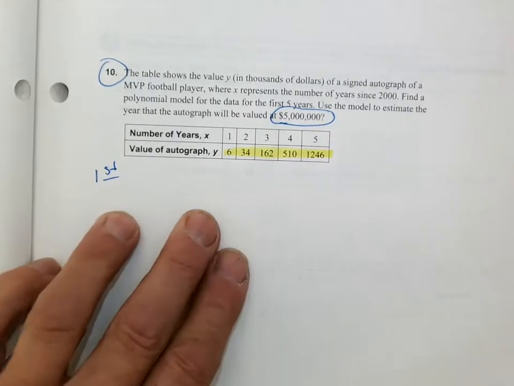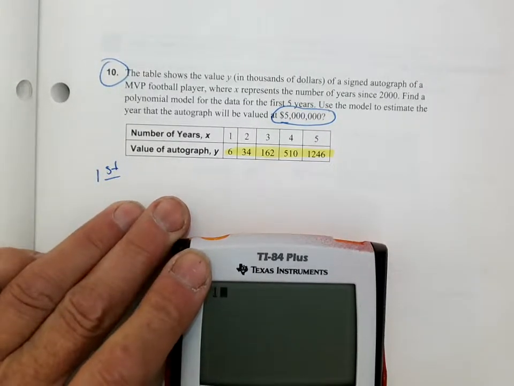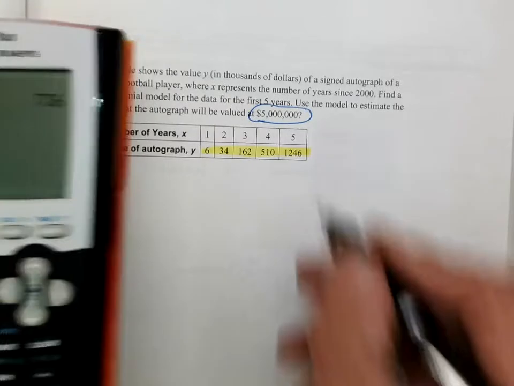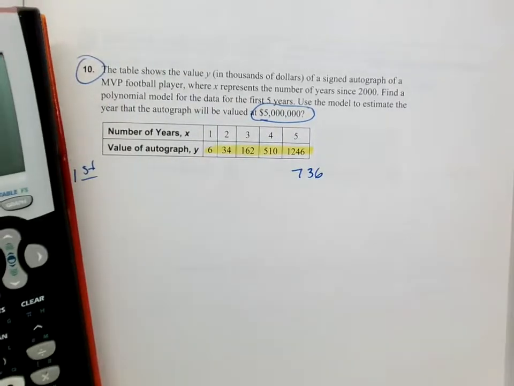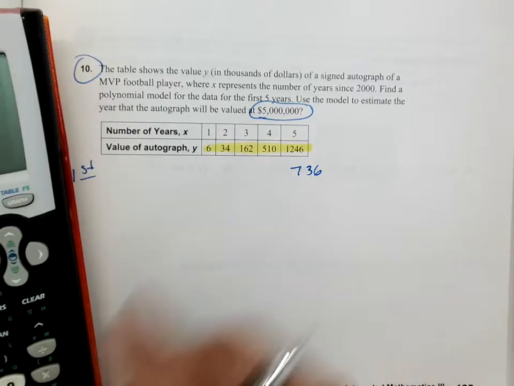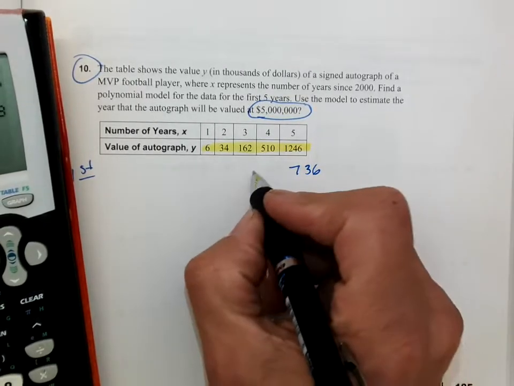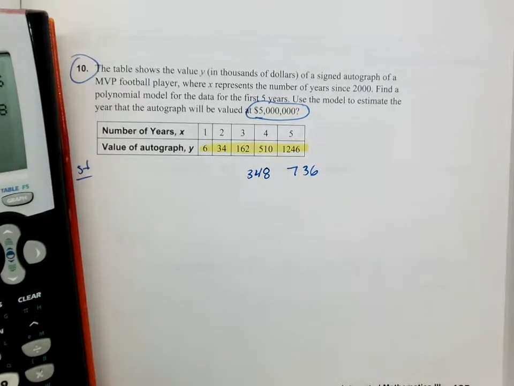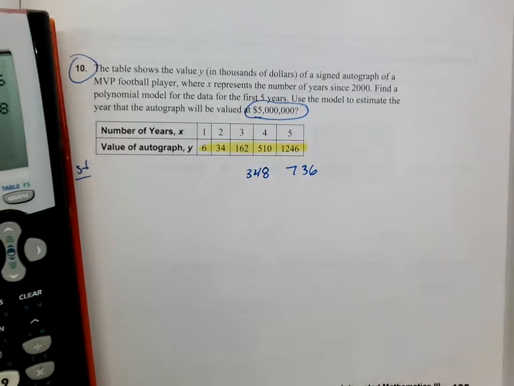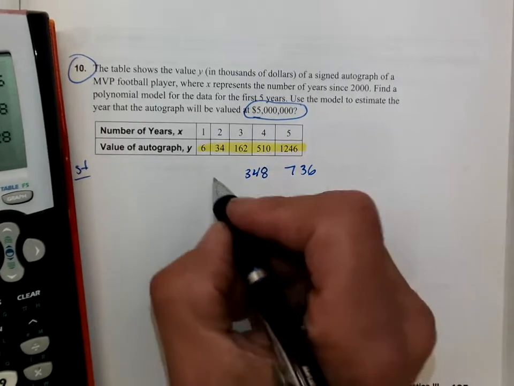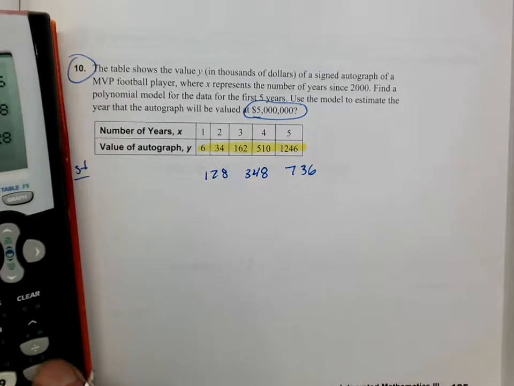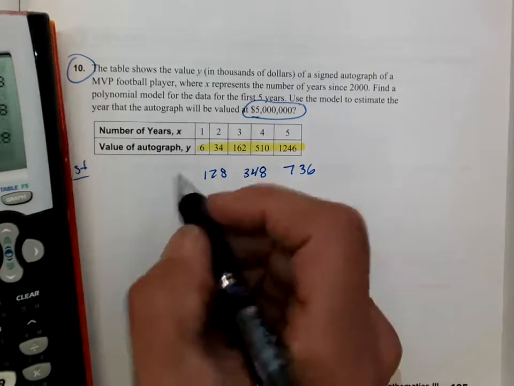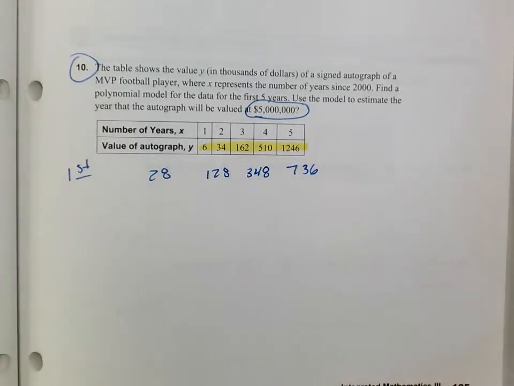I'm just going to use my calculator. 1,246 minus 510, I get an answer of 736. 510 subtract 162, I get 348. 162 subtract 34, I get 128, and 34 minus 6, I get 28. Okay, so the first differences didn't work at all, did it? Right? So it's not linear.